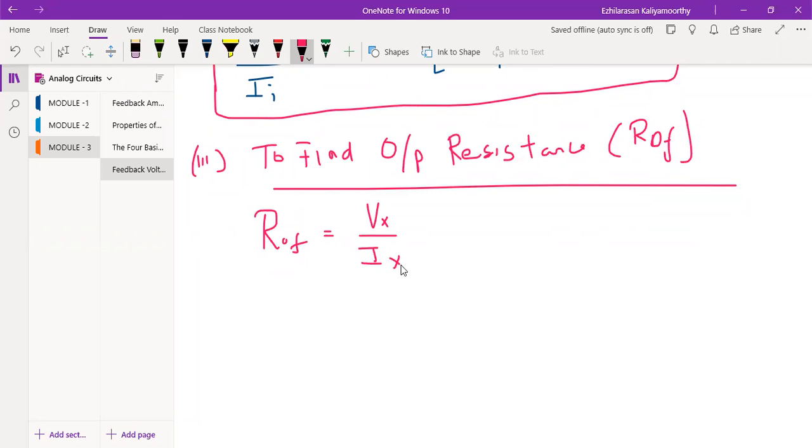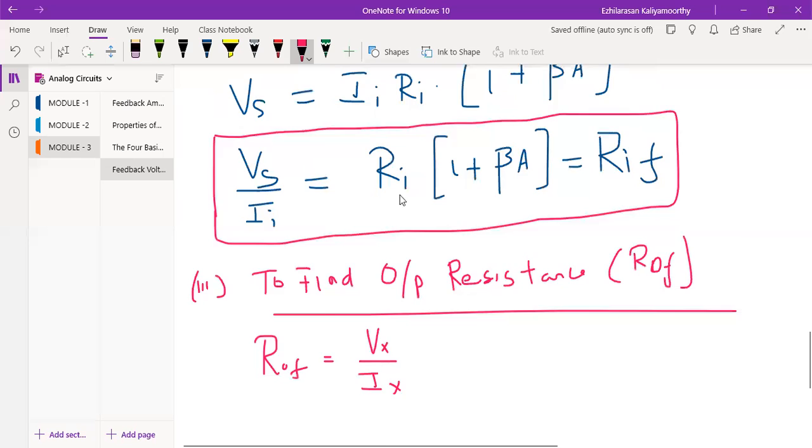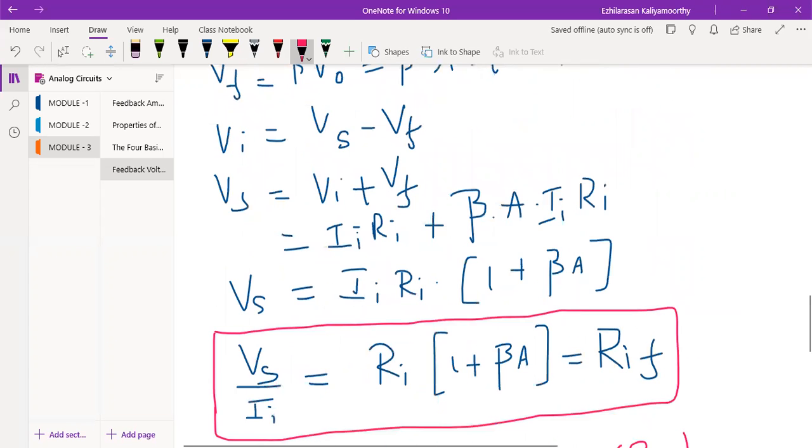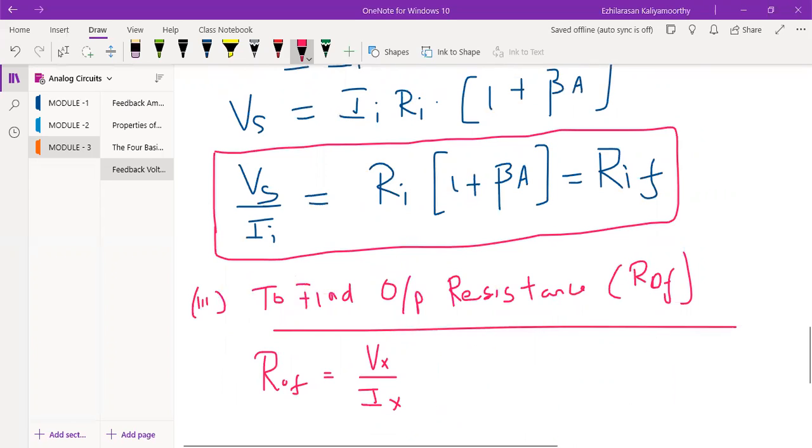Let me tell how. It is very simple to find the output resistance from your network. Let me take the same network.